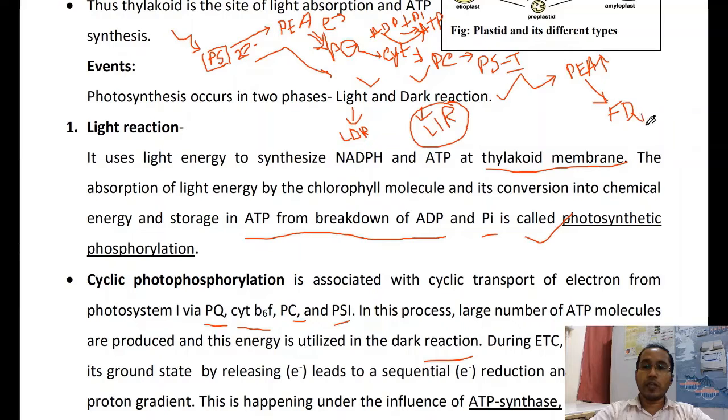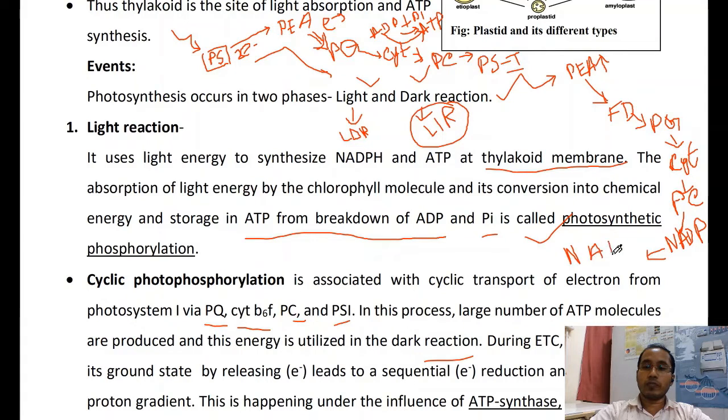After ferredoxin, it enters the plastoquinone, and then in a similar way the events happen again: cytochromes, and after that plastocyanin. In the non-cyclic case, this plastocyanin transfers the electron to NADP, which is already within the cell, and after getting this electron, it is reduced to NADPH.